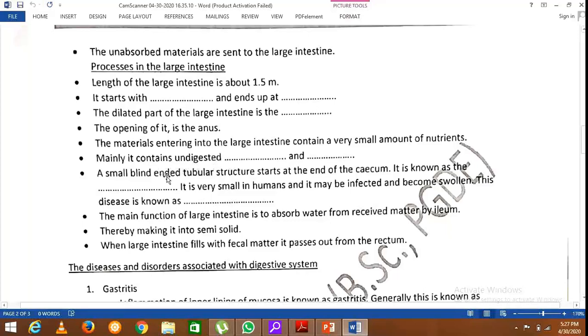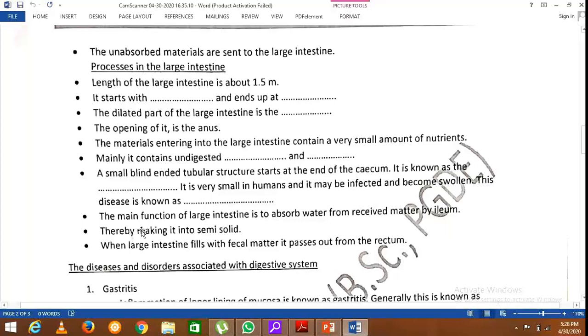A small blind-ended tubular structure starts at the end of the cecum, and it is known as the appendix, and it is very small in humans. It gets infected and becomes swollen in a certain disease which we call appendicitis.